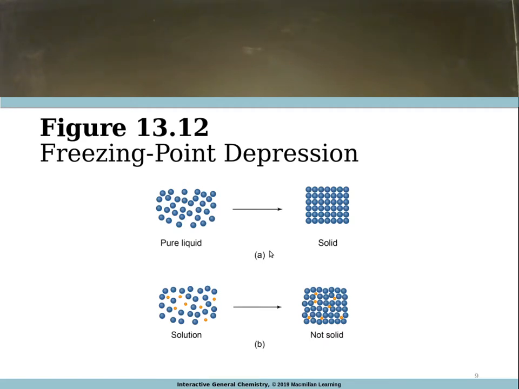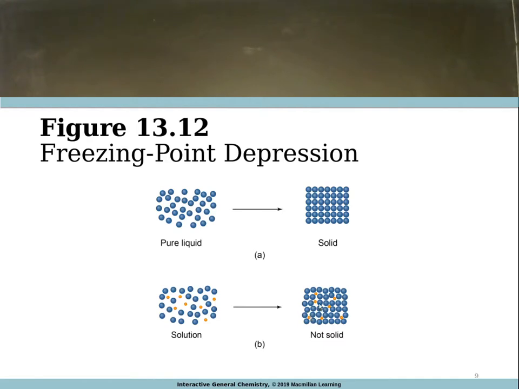and that disrupts the formation of a solid lattice. You can see on the bottom right here, as you approach the freezing point, the solvent particles are beginning to organize themselves into a solid lattice, but they're disrupted by the solute particles that are pushing them out of the way and taking up space.